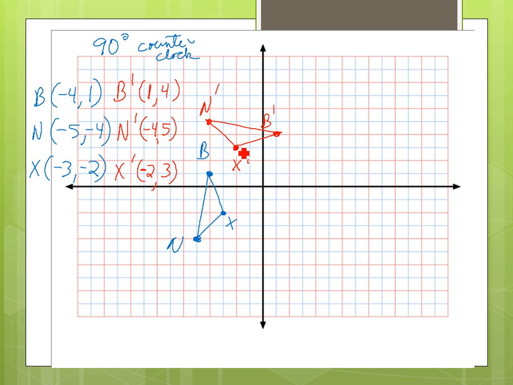So that's the location of our new shape. Remember, the blue one is your pre-image, and the red one now is your image if we rotated it 90 degrees counterclockwise.